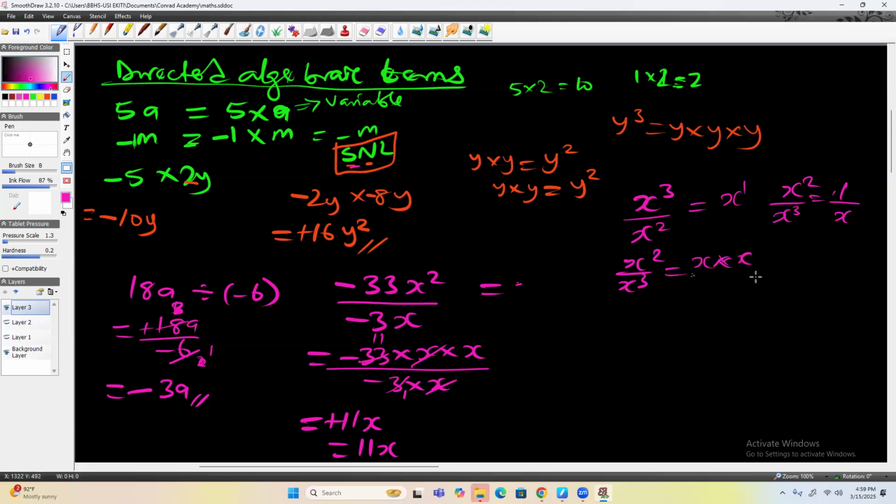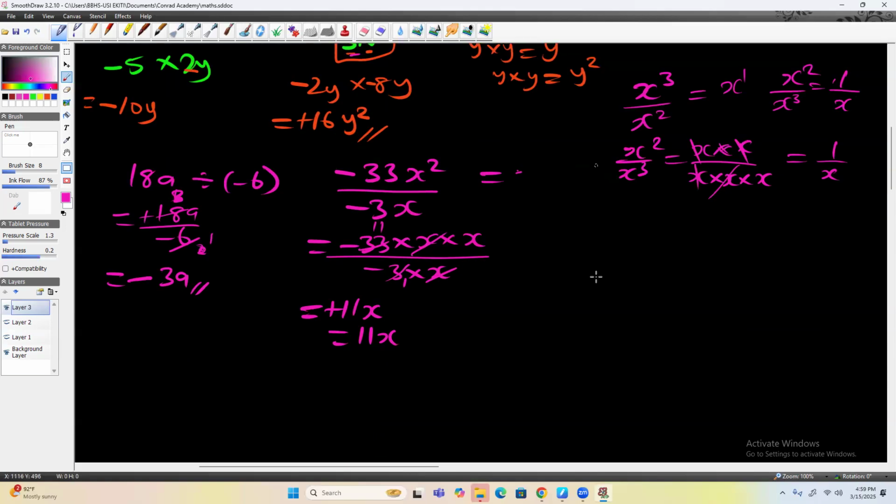That's what it means. You now have x times x times x. This x will cancel this x. This x will cancel this x. We are left with 1x. So that will be 1 over. So you see that. So that makes it very, very easy.